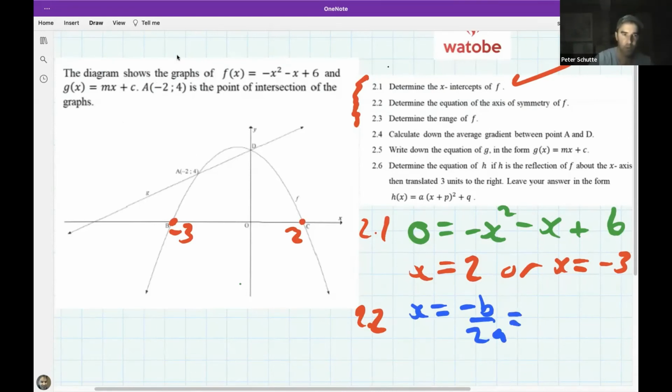So who's going to tell me the axis of symmetry? It's basically this line over here that we're after. What do you guys get?